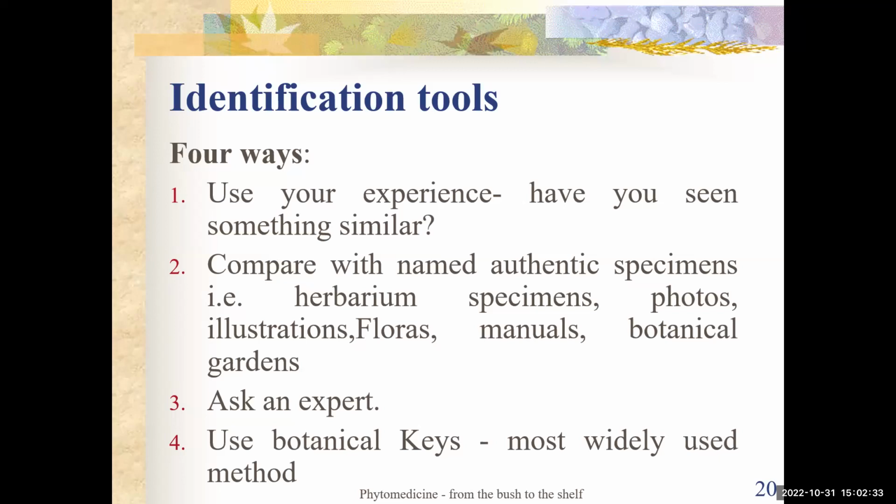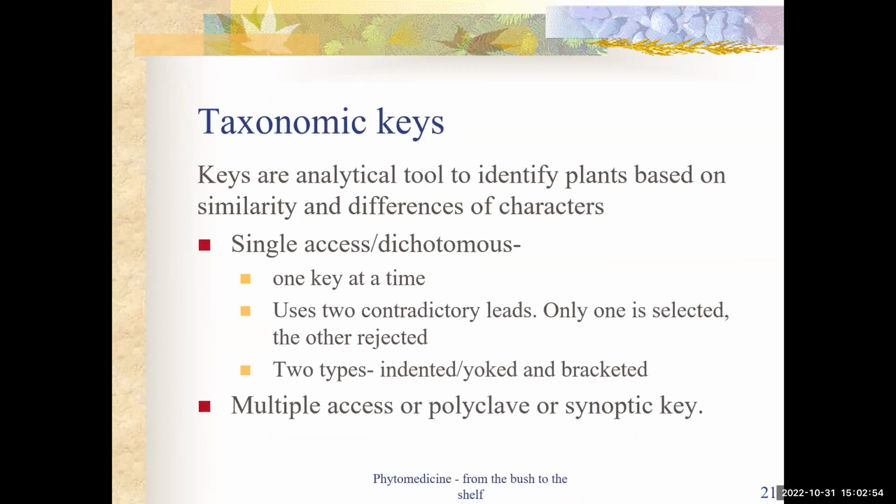So we look for those specialists and we can get the information. But for many of us, what we can do is to use botanical keys. If we use botanical keys, all we need to understand is what the characteristics being mentioned are, and we'll be able to name the plant. I'm going to look at these keys because we are going to see them today.